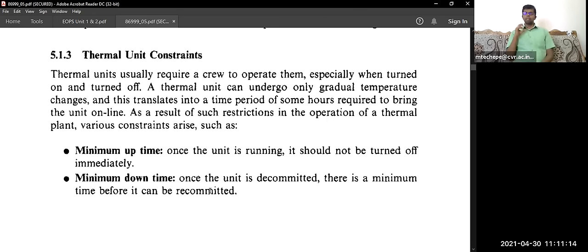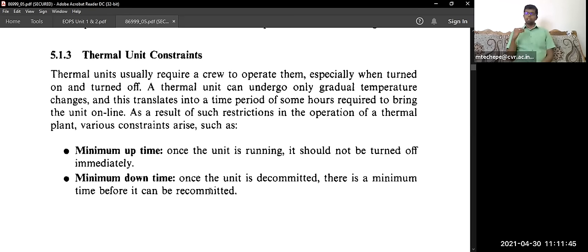So it will take some time. You can do an emergency stop, but not in the boiler or furnace like that. Sometimes, if you see in your news channels, some thermal unit caught fire in the boiler furnace, and today 1,000 megawatt, or 1,500 or 2,000 megawatt, will not come to our state.